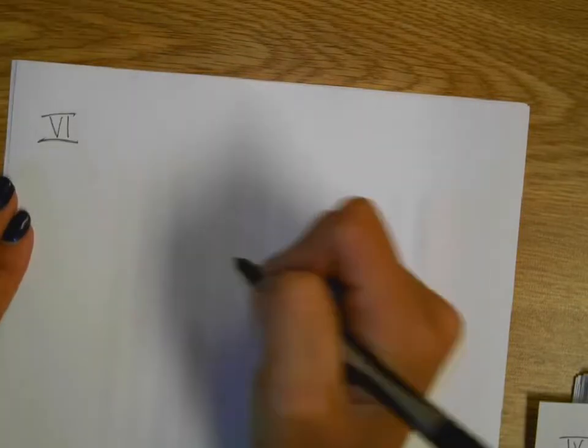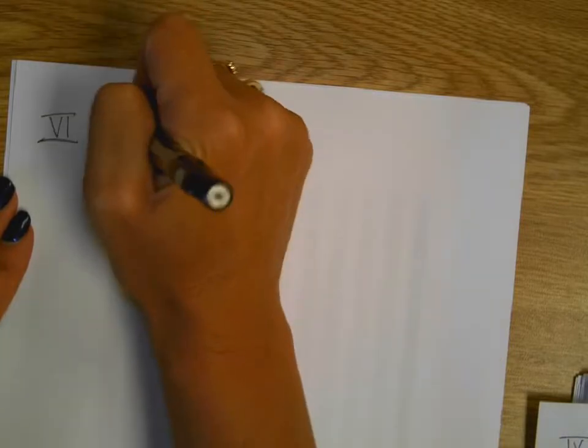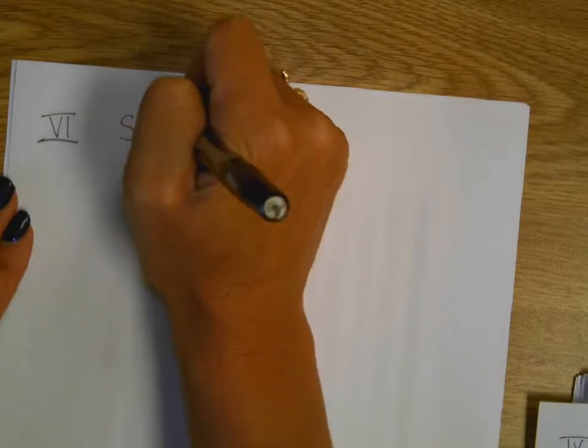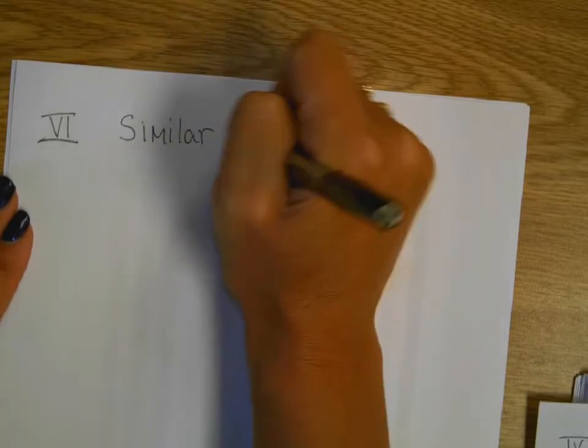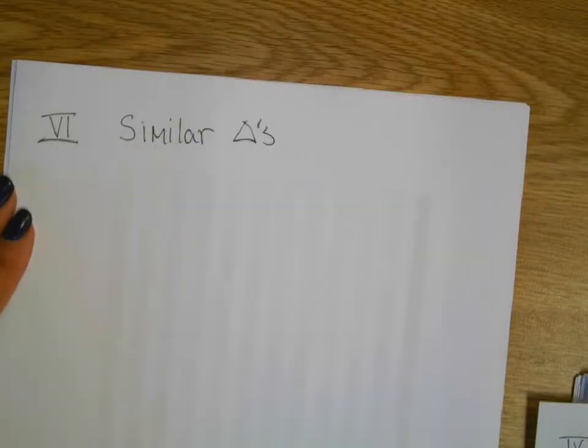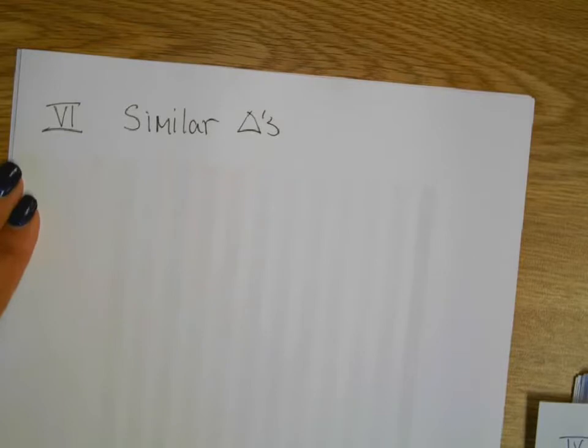Big idea 6. Similar triangles. What did it take for 2 triangles to be similar? Or what does it mean to be similar?